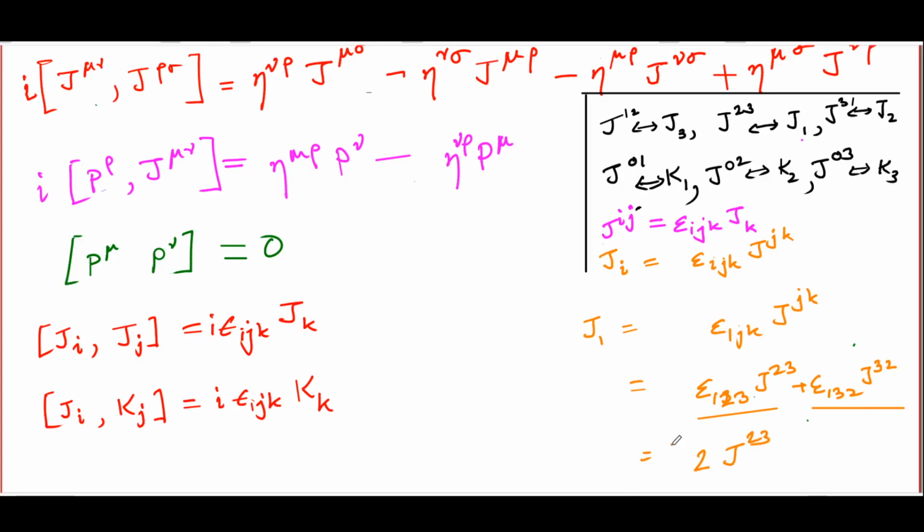Now you don't really want this extra factor of 2, and the way out is simple. You have to put in a half here. So the formula that we are looking for is Ji is half epsilon ijk Jjk. Now using this and the fact that Ki is J0i, let us verify the expression for Ji commutator with Kj.